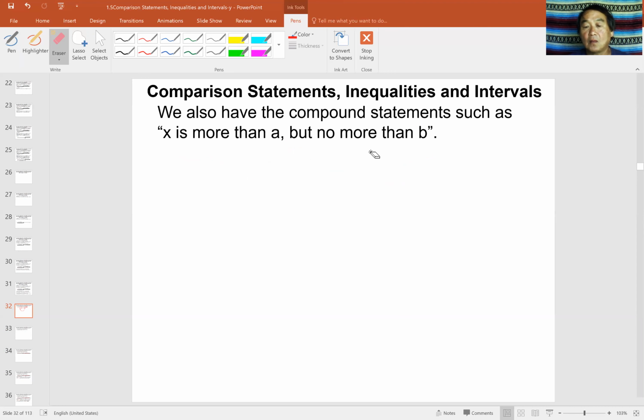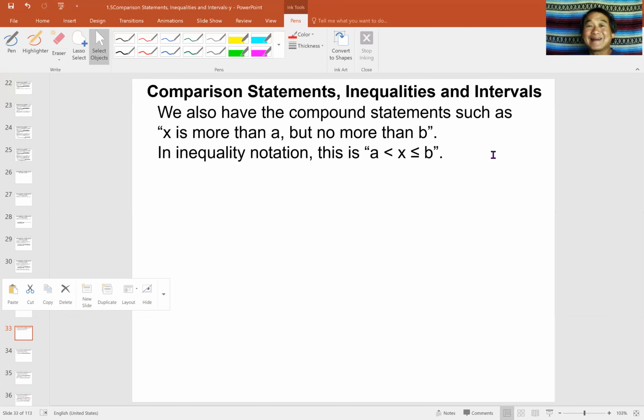That is very important. If I were to state "x is more than 2, but no more than 0," there would be no such number. So in order for this sentence to have solutions, the underlying assumption is that the number a is smaller than the number b.